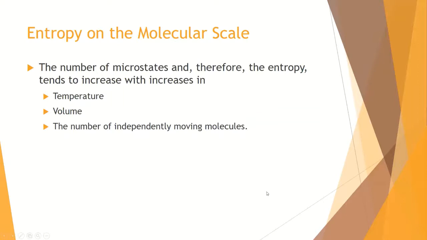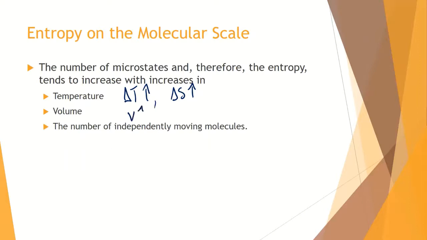And so just looking at it further, if we look at the number of microstates, we can see that there will be increases in microstates, and therefore increases in entropy, when we see increases in temperature. So as delta T increases, delta S generally increases as well. Changes in volume: we're going to increase the amount of space. So that means that there's going to be more room for those molecules to move around in, more microstates created as a result.